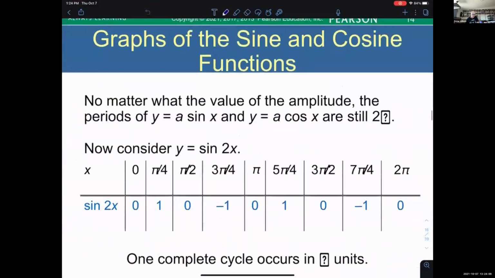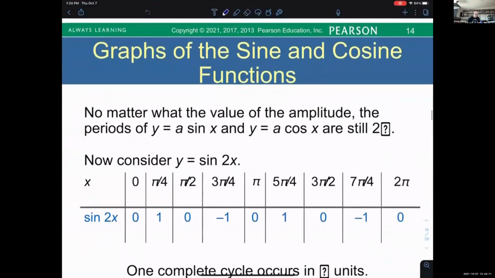So now they're going to put a number in a different place. Now, instead of putting the number out front, outside of the sine function, they're saying, well, what if we put a number inside of the sine function multiplied by the x value? So we saw multiplying outside of the trig functions by a number causes the bumps to get bigger by that amount.